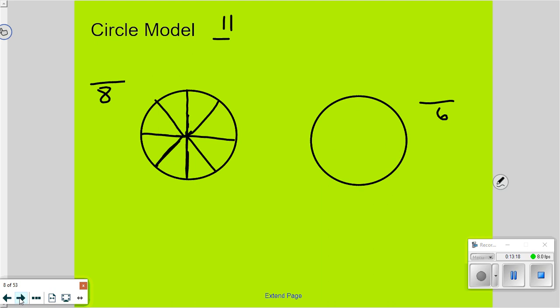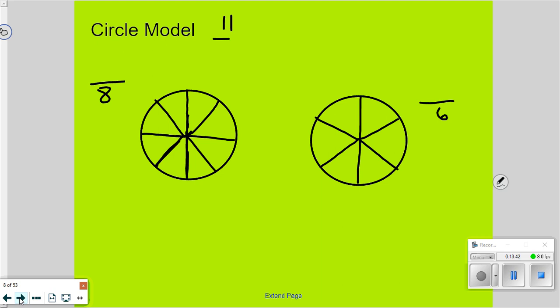So what I like to do is split it in half because I have that even number here. And because I have 6, I know I'm going to have 3 pieces on each side. It's a similar strategy, but it's harder to make those pieces equal. That's why I'm not a big fan of circle models.